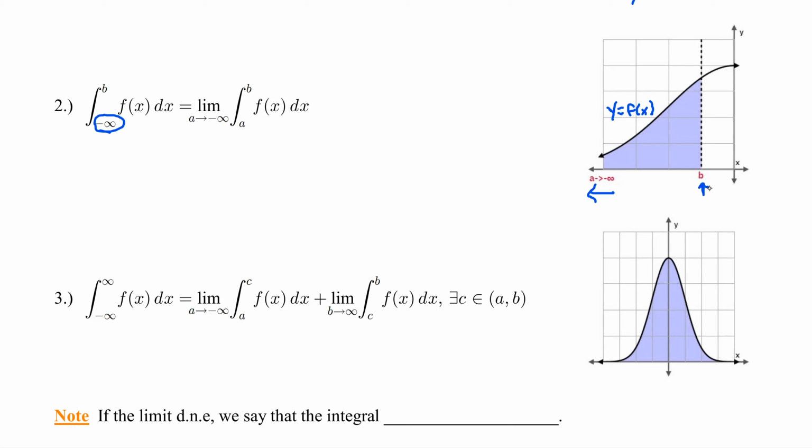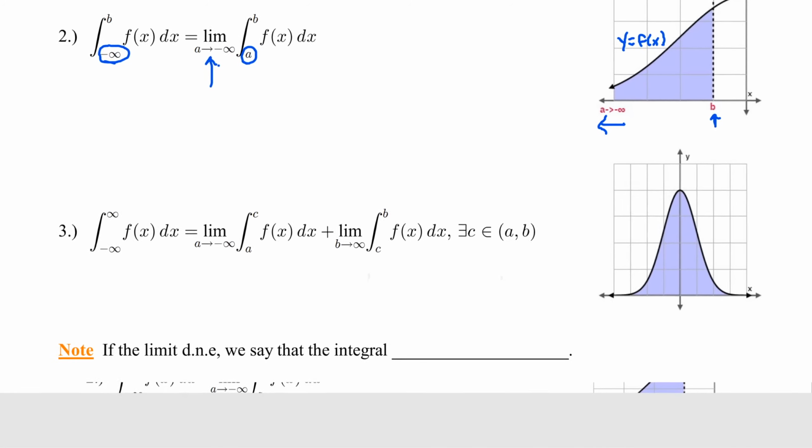In order to make this proper and legal to evaluate, we're going to change that lower limit from negative infinity to a and then introduce this limit operator, the limit as a approaches negative infinity. Those operators will allow us to properly determine the value of the definite integral.